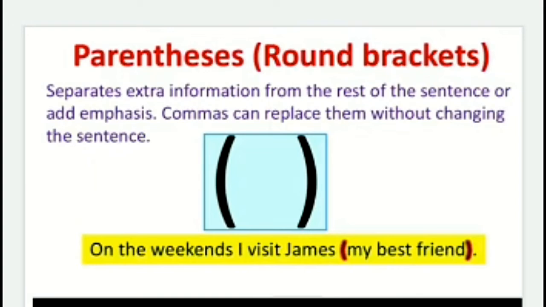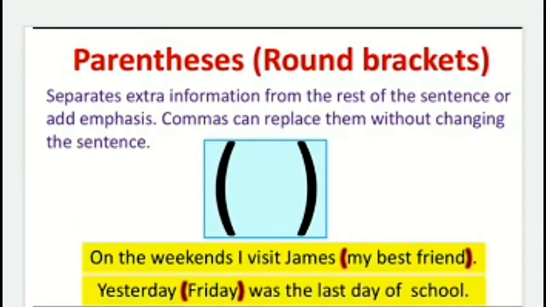For example, on the weekends, I visit James (my best friend). So my best friend is in round brackets. And then another example, yesterday (Friday) was the last day of school. So Friday is also another example for round brackets.